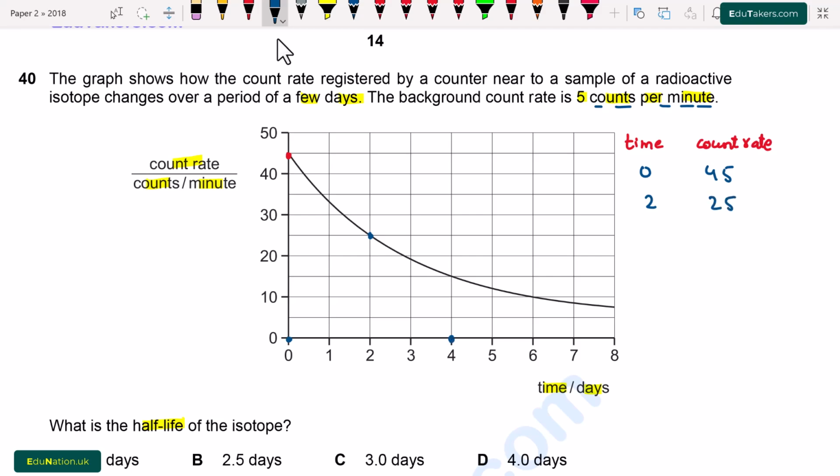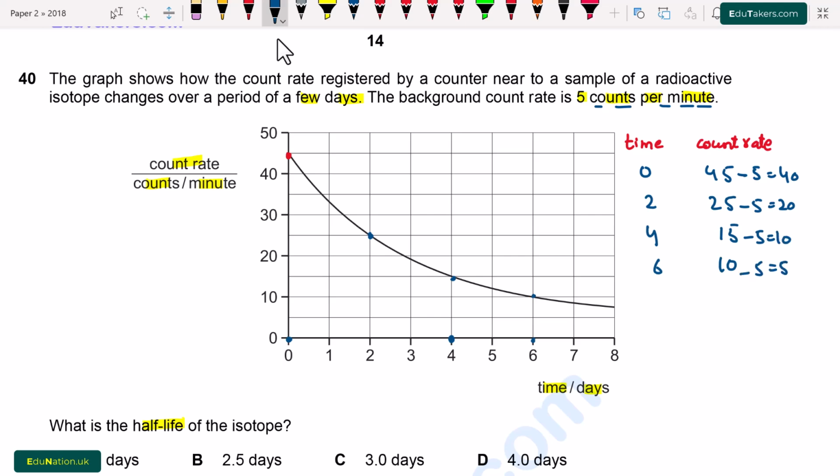At 4 days, the count rate is 15, while at 6 days, the count rate is 10. So all of these are the count rates. Next we have to subtract the background count rate, which is given as 5. So I write here 45 minus 5, which is equal to 40. Here will be 20, 10 and 5.